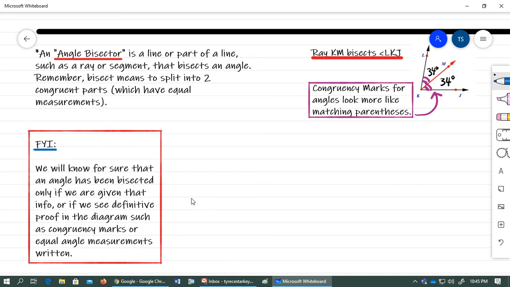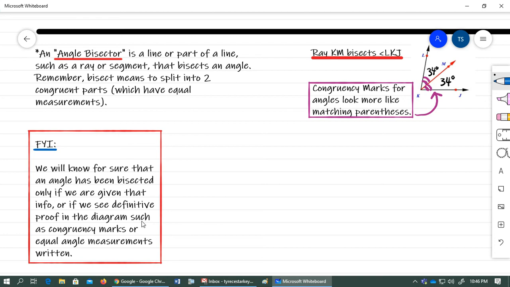So in other words, if you're literally told that ray KM bisects angle LKJ, like what I've got written right here and underlined in red, according to this diagram over here. You'll only know for sure if they tell you that information, or if you see definitive proof in the diagram.